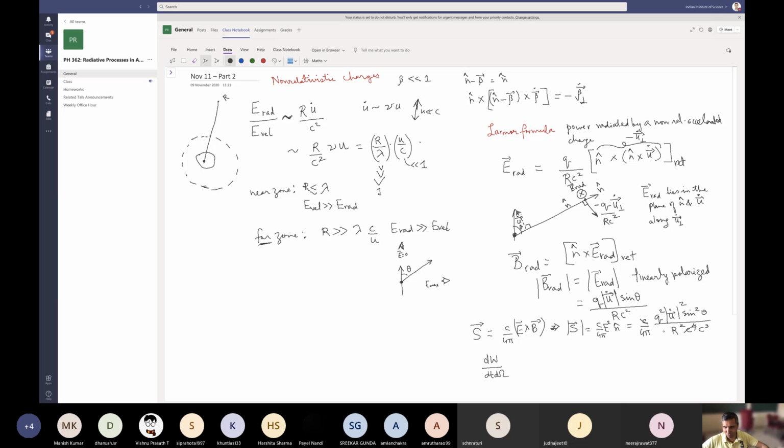That is equal to R squared S basically, and when I write S like this, it really means the absolute value of S. This is equal to Q squared times the absolute value of u dot squared times sine squared theta by 4 pi c cubed. The R squared goes away. So this is just the power crossing at a particular angle theta. And as I said, when theta is 0, you get 0 in that direction, no power. Here it's maximal.